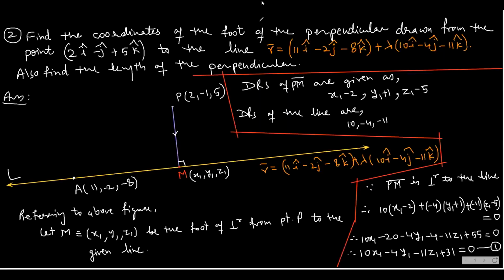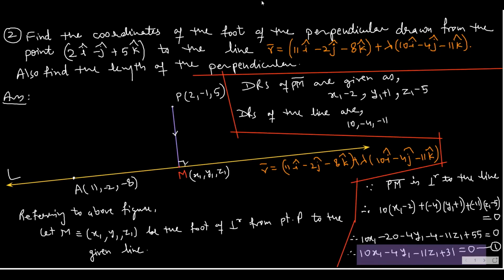Now what does this equation signify? You all need to understand what is so special about this equation. In this equation you have 10x1 minus 4y1 minus 11z1 plus 31 equals 0. Now I took point M here.